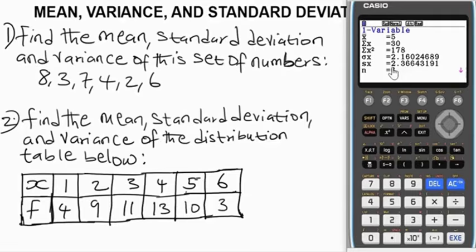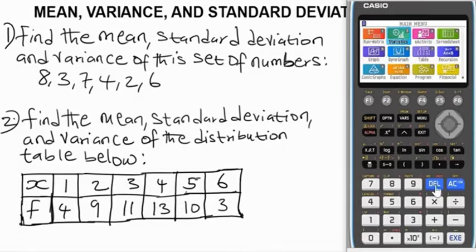Alright, what we're going to do now will be to square this value 2.1602469. So let's stop at 4 decimal places. Okay, so let's exit this, or let's press menu, then go to one matrix.